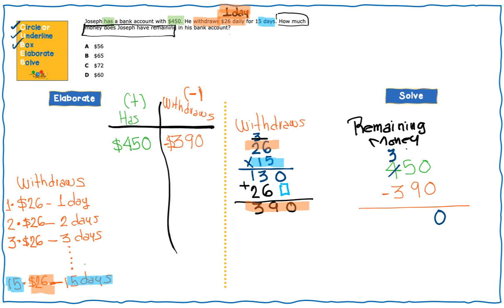The one I borrow, I'm going to put on top of the 5, so this number becomes a 15. 15 minus 9, that's going to be 6. And 3 minus 3, that's a 0. So at the end, 450 plus negative 390 is going to be $60, and it's positive. And so our answer could be letter D.